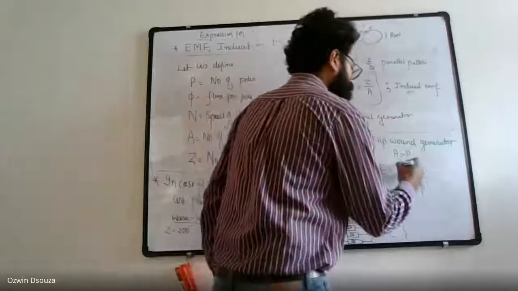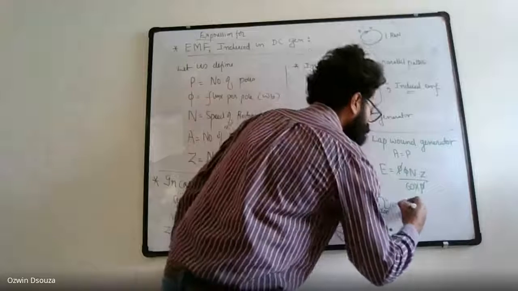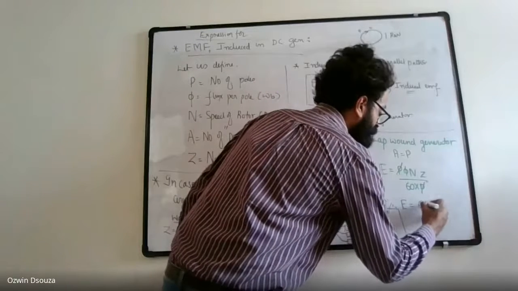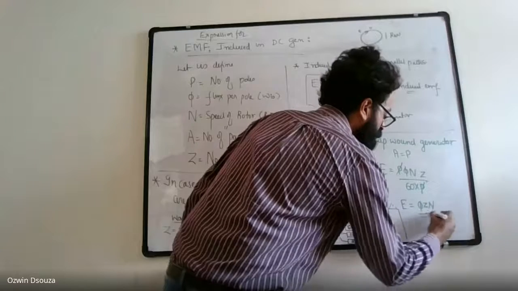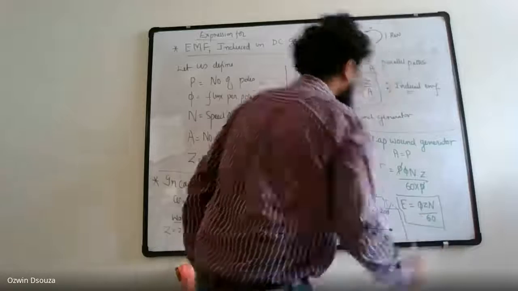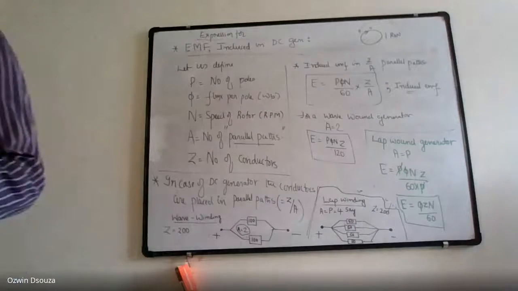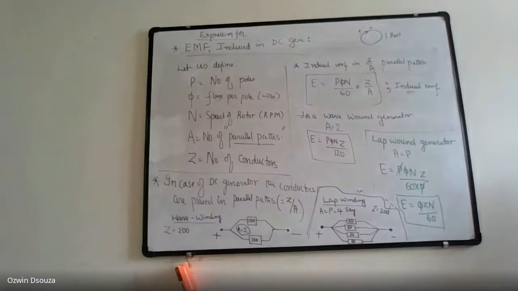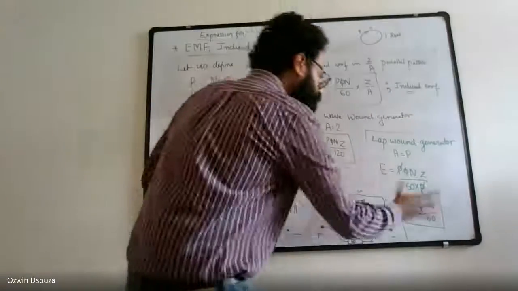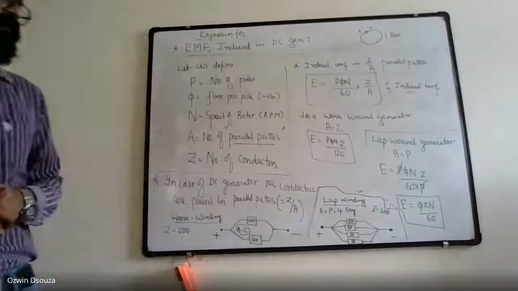A is equal to P. So P gets cancelled. So you will get E is equal to phi Z N divided by 60. Okay. So two different armature windings will give two different EMF equations.